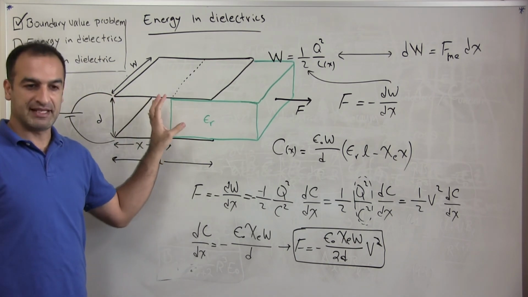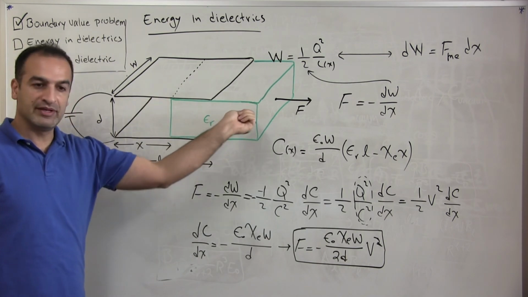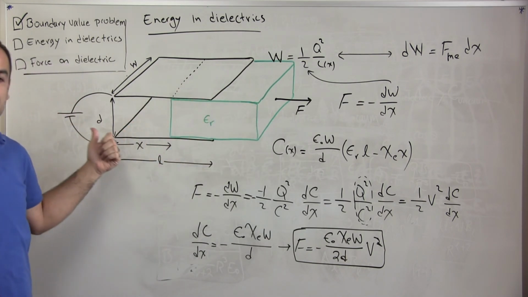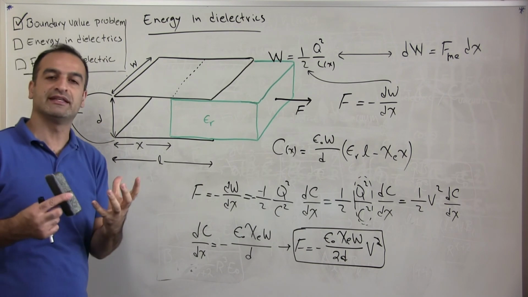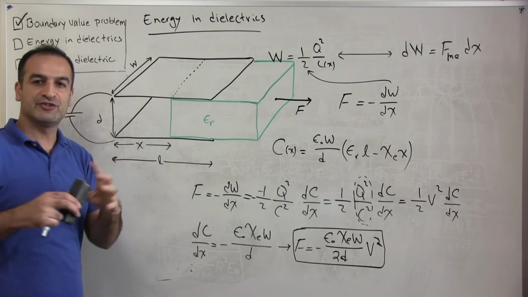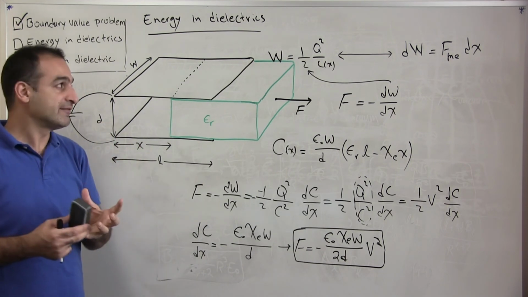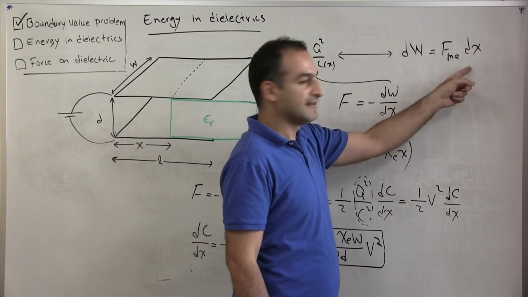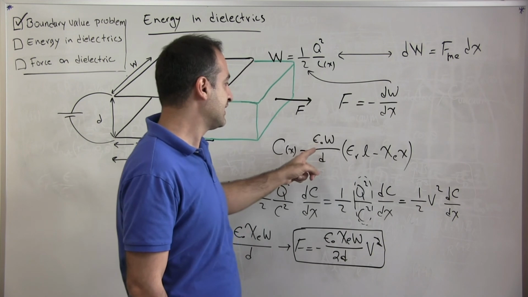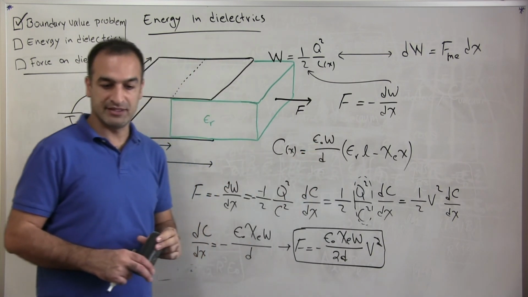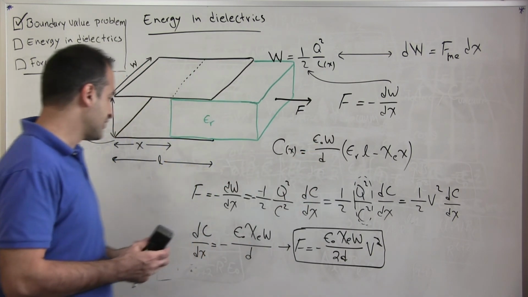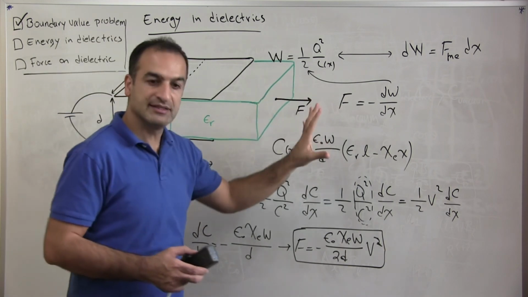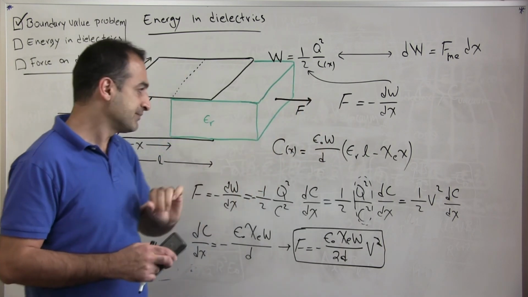One is the capacitor, one is me pulling the slab out, and the other one is the battery. So if you want to use conservation of energy, we should include the work from all of them. Here, I just included the work from me, and then related that to how much the energy of the capacitor is going to change. So I'm going to erase this and quickly discuss what happens in that case.